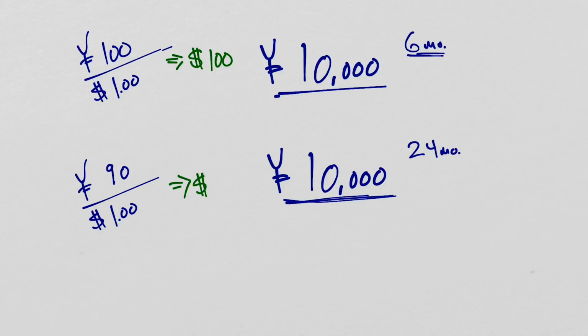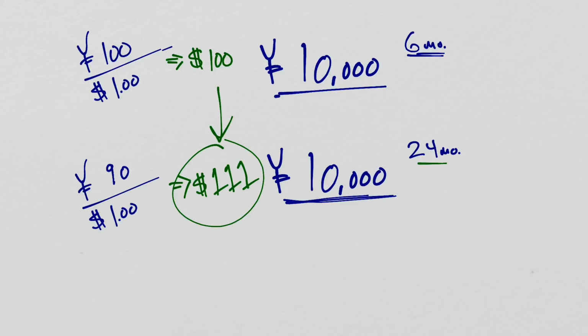Since I'm translating my US dollars into yen to purchase those in 24 months, and now $1 buys fewer yen, the cost to me has risen relative to 6 months.